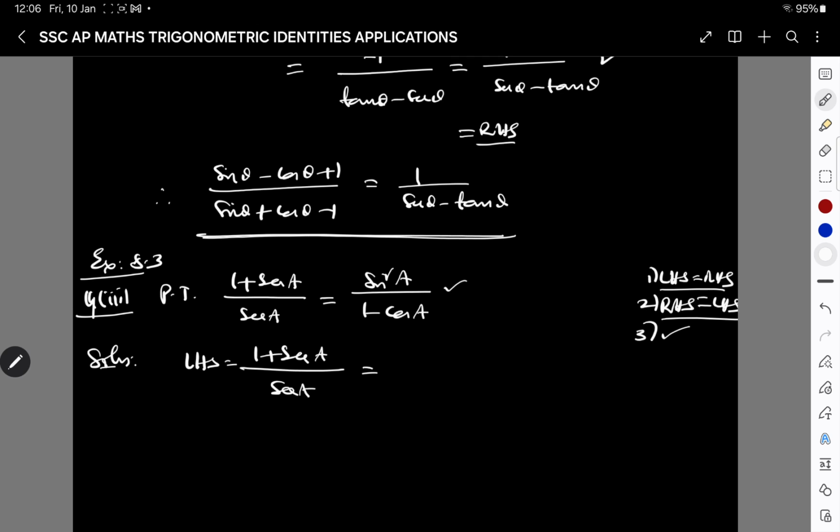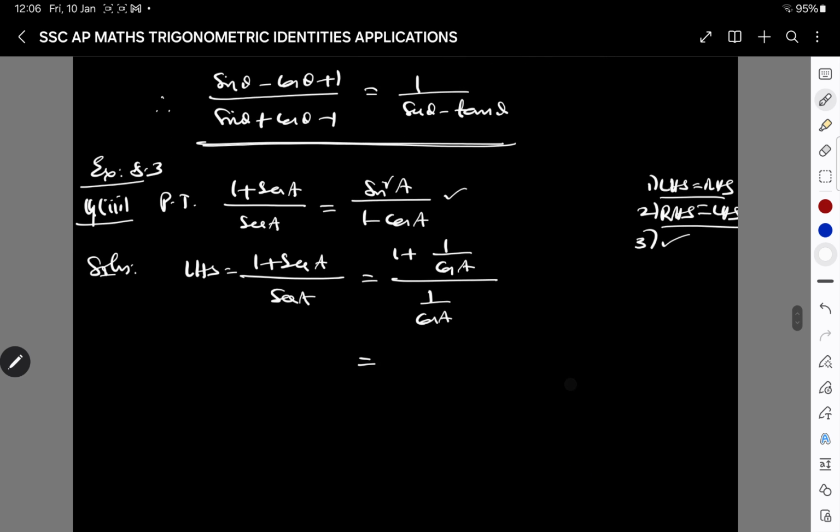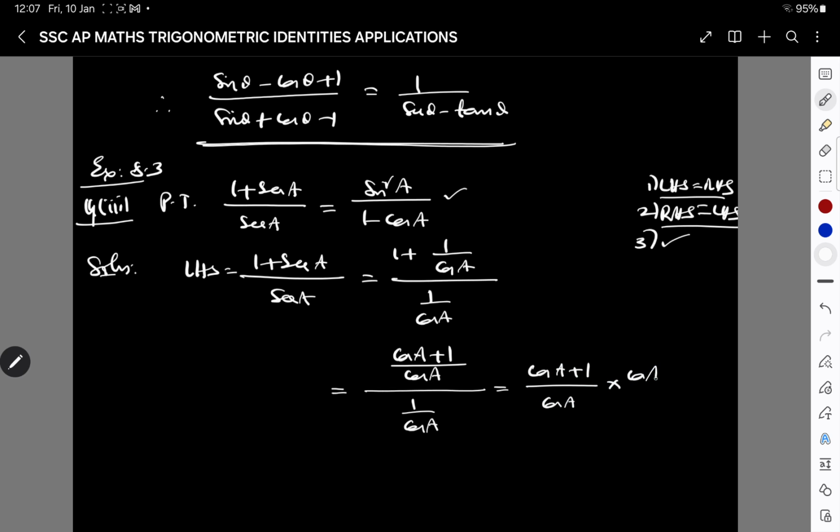So you have to write secant A in terms of sin A and cos A. So simply you write 1 plus 1 by cos A by 1 by cos A. This is equal to, take LCM in numerator, and you will get cos A plus 1 by cos A by 1 by cos A. So this is equal to cos A plus 1 by cos A into cos A by 1.